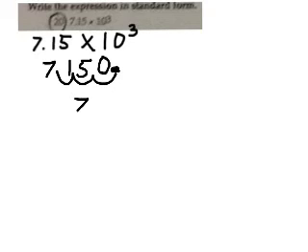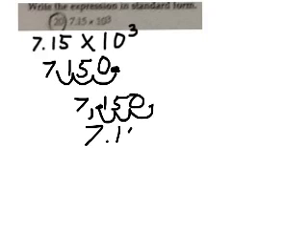We have 7.15, and we're going to add 3 places back in. 1, 2, 3. So this is where our new decimal point is. We're going to have to stick a 0 here in this little valley. So the answer is 7,150. Notice if we went backwards, decimal point here, we go 1, 2, 3, we'd make the number look smaller, but then we'd have to put times 10 to the 3rd power.